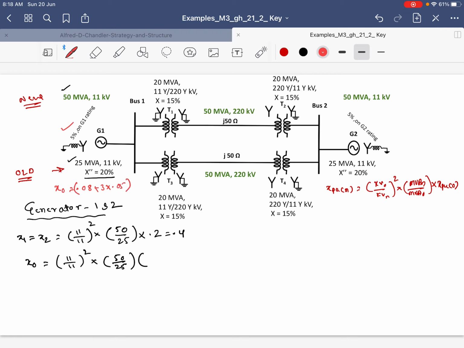This is the total x naught that you have to put here, that is 0.08 plus 3 times 0.05. You have to be very careful about this. Therefore the value of x naught I am getting finally is 0.46 per unit. This is regarding generator 1.